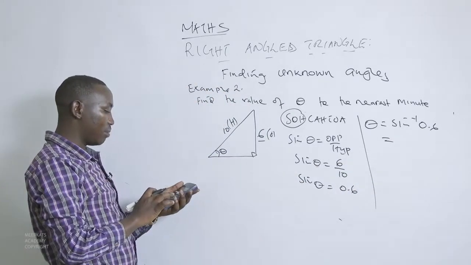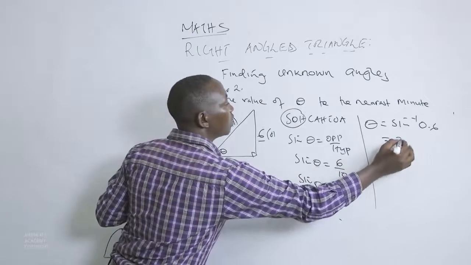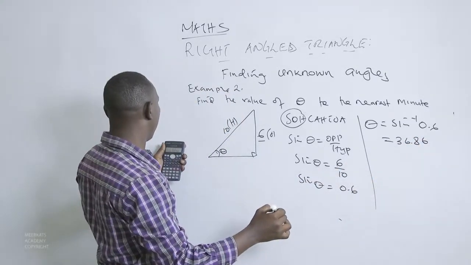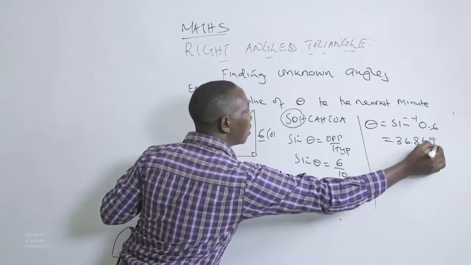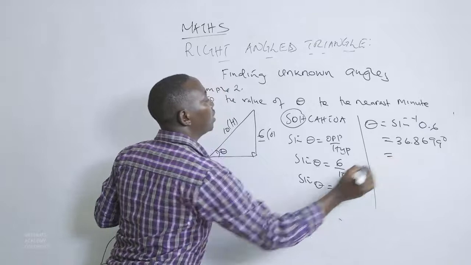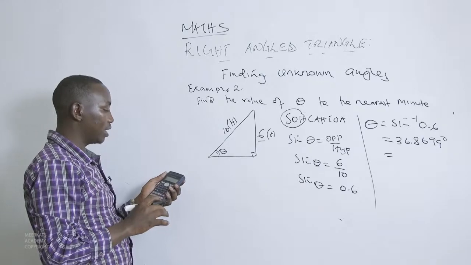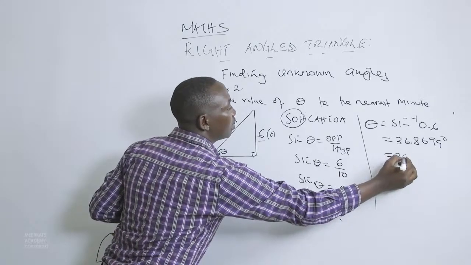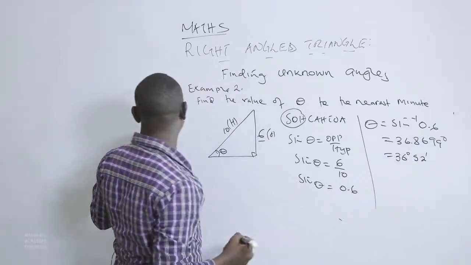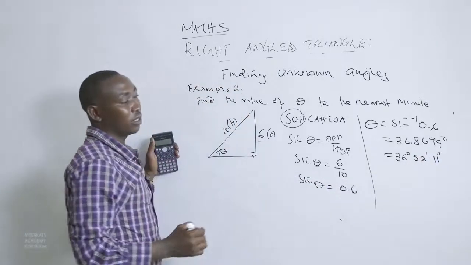That means that our theta shall be 36.8699 degrees, which is almost the same when converted to minutes and seconds as 36 degrees 52 minutes and 11 seconds.